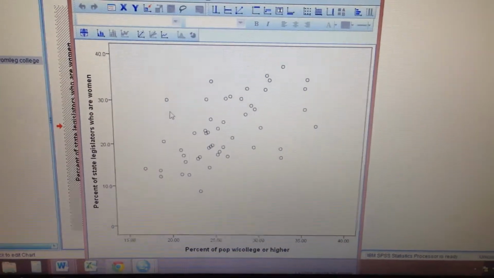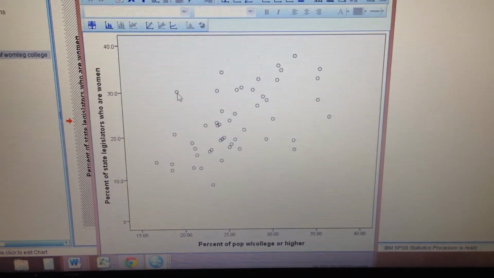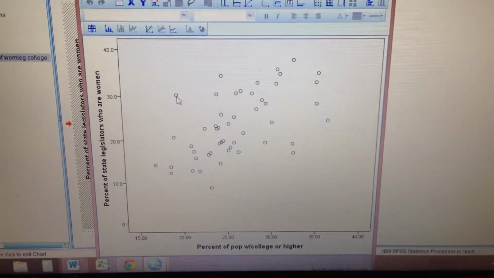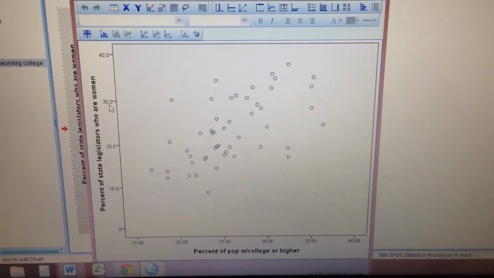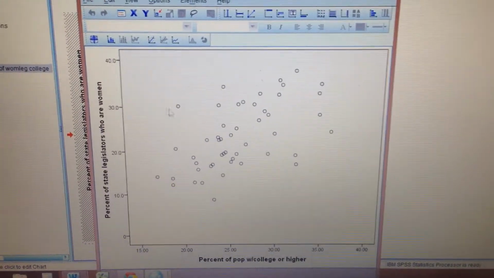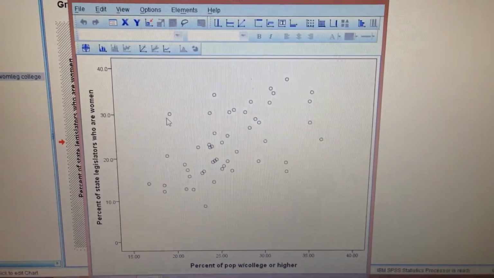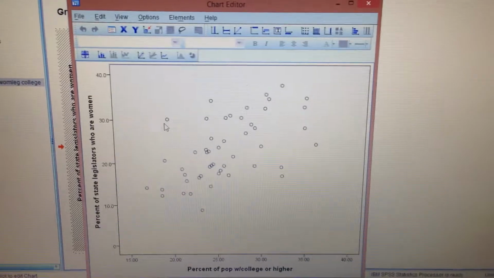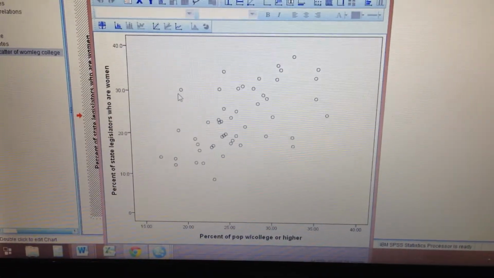Like this state, it looks like they have about 20% of the population with a college degree. They also have a value for the percent of the state legislators who are women. So this looks like a state where about 20% of the people have gone to college and 30% of the legislators in the state house are female.